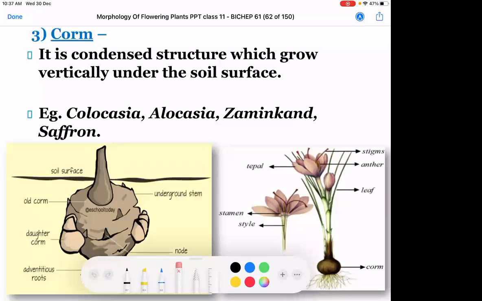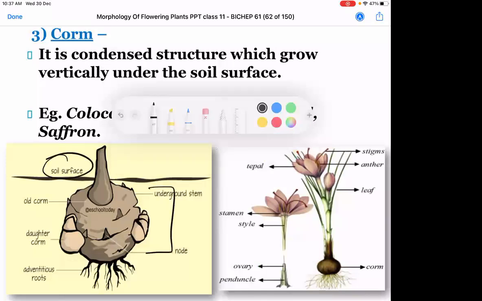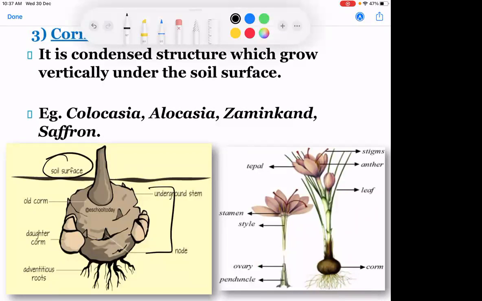Look, everything is underground stem. That is understandable. If you see the soil surface, it is an underground stem, but by storing the food, the entire stem is becoming a ball-like structure.